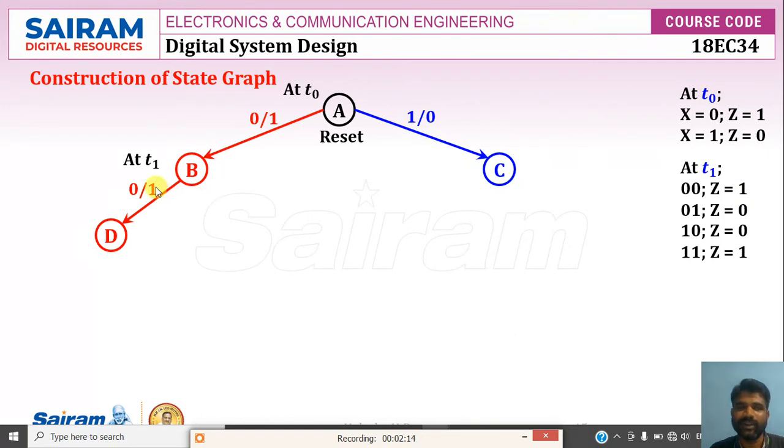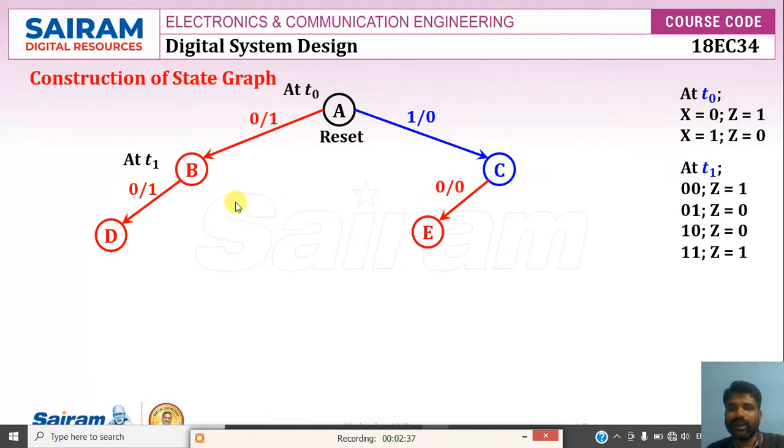That is why we made output 1. Clear? Suppose at C if input is 0, let it go to new state E, and the received sequence is 0 1. This is LSB and this is MSB. For 0 1, output is 0.